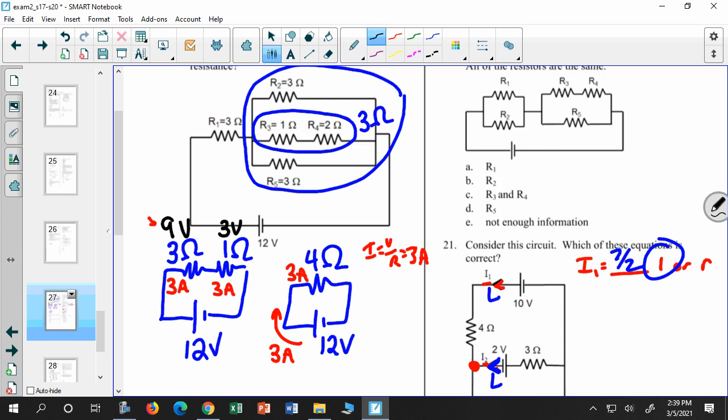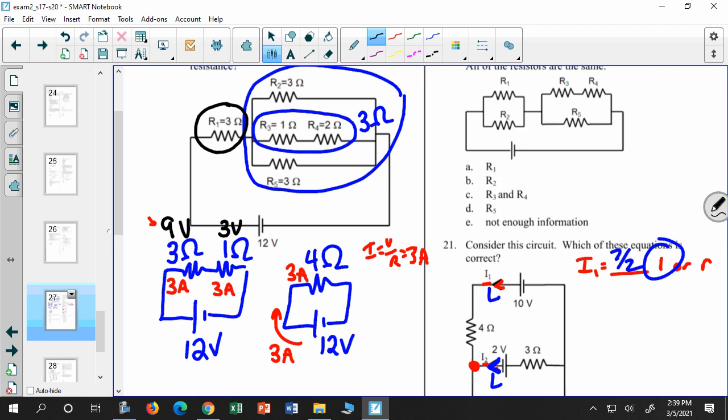Now, I probably could have just reasoned that out because I know that I have one voltage that's 3 times the other because of the relative sizes of the resistors, and also they have to add up to equal 12. But nonetheless, it's 9 and 3. Now, I've answered everything about this resistor. It's 9 volts and 3 amps.